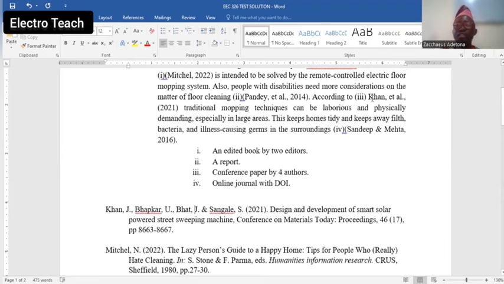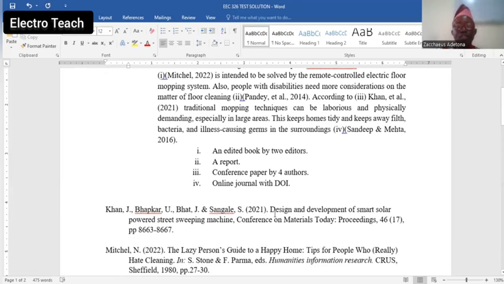Number 3 here says Khan et al. Et al. also indicates we have more than 2 authors. So it can be 3, 4, 5. So let's look at Khan. Khan here, we have 4 names: Khan J, Babka U, Bat J, and Zangal S 2021.